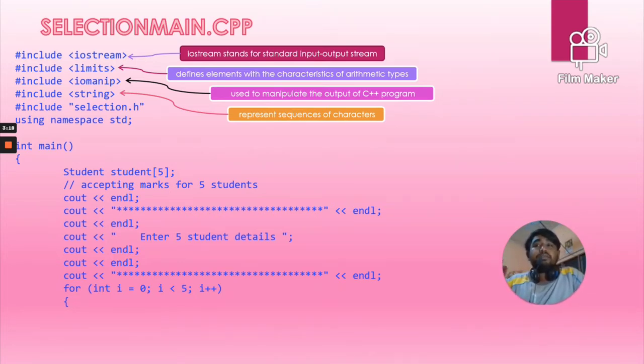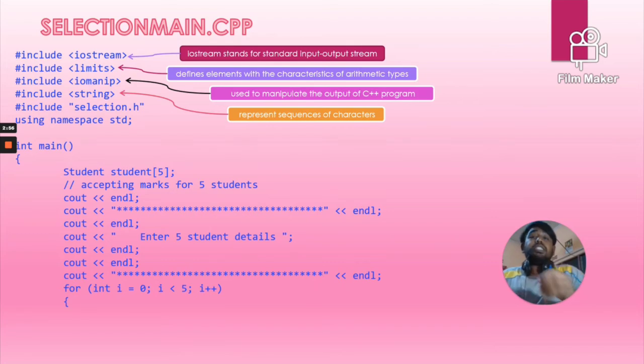Then we go into the int main. This is the body of our coding, our program. So we accept marks for 5 students. Here our limit is 5 students: student 1, student 2, student 3, student 4, student 5. Then cout \n means a space.